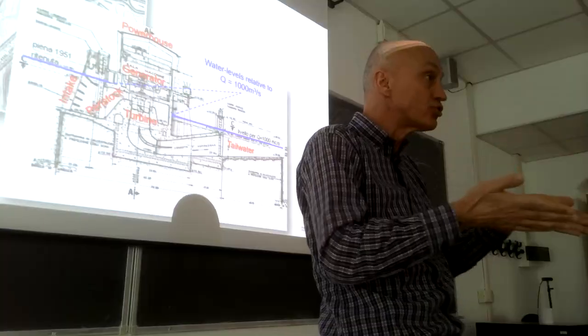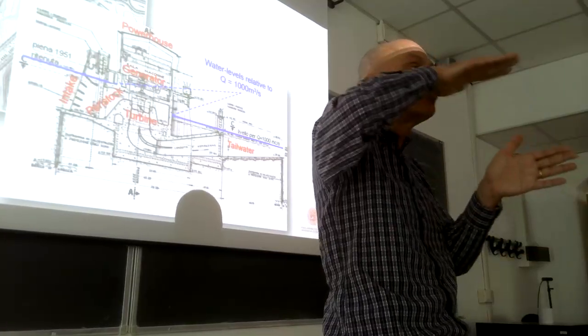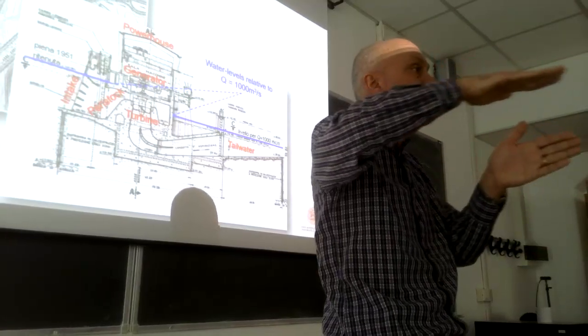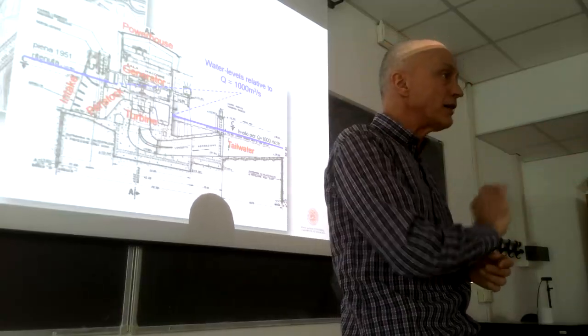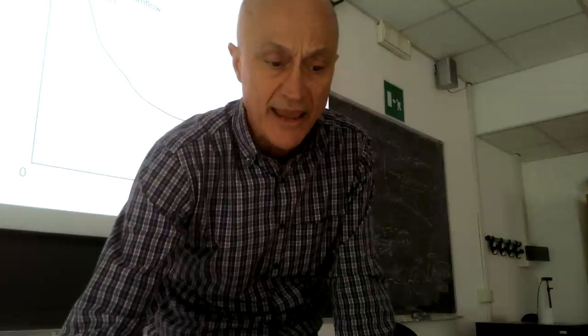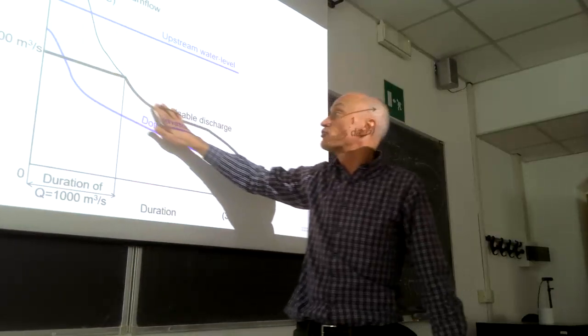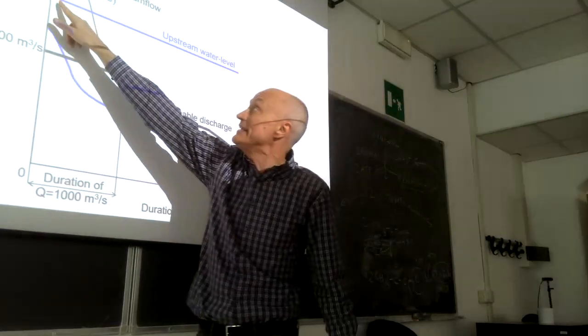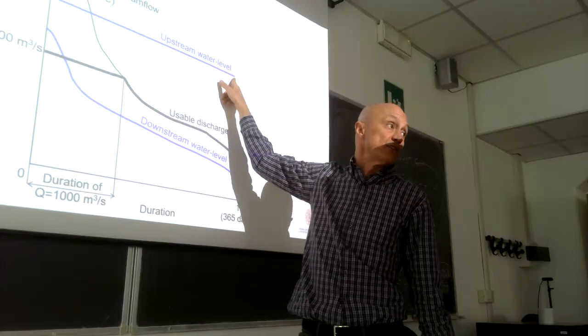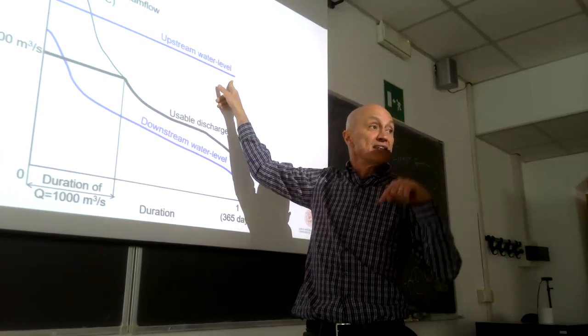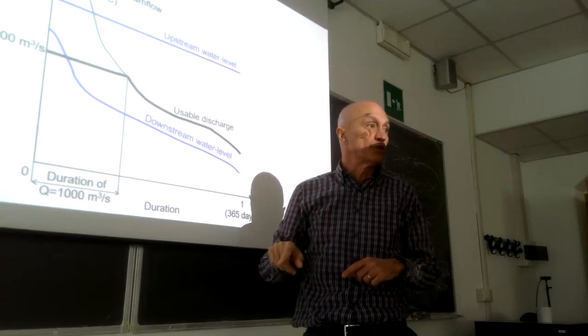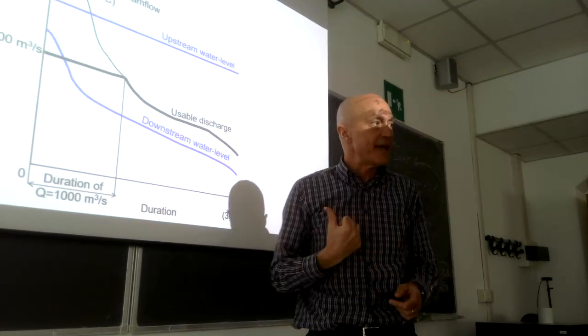This doesn't happen in the tailwater. Why? Because there, the conditions are controlled by the natural stream. Okay? So, if the discharge is low, you will have a low water level in the tailwater. If the discharge is higher, you will have a higher water level in the tailwater.